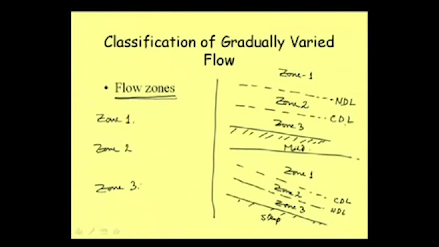We are not giving it in writing, but these two figures clearly define what is zone 1, what is zone 2 and what is zone 3. Now, for some situations, if the bed slope is horizontal, then our normal depth line will be at infinite distance.